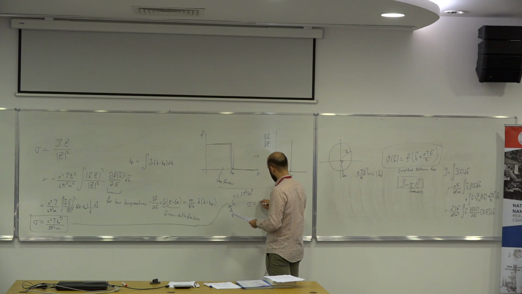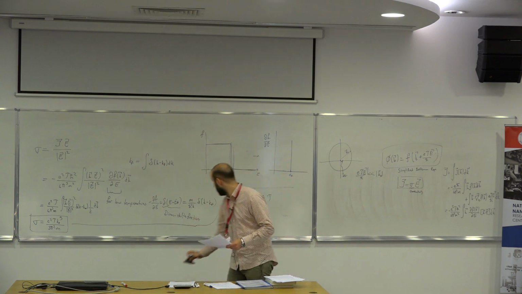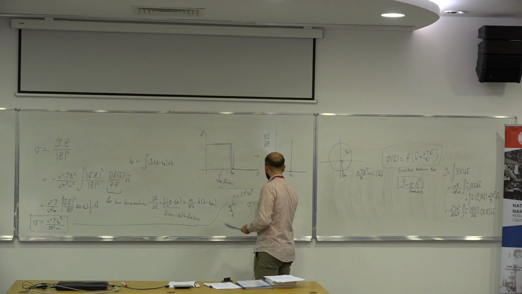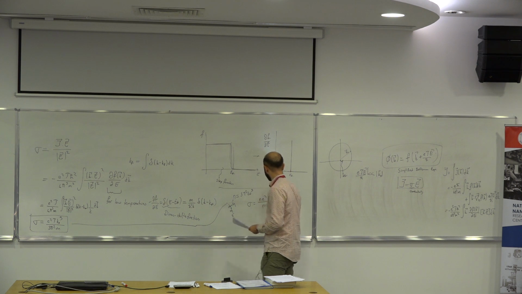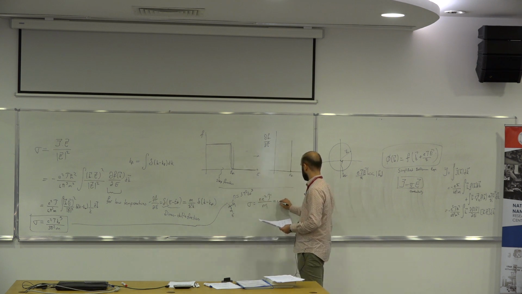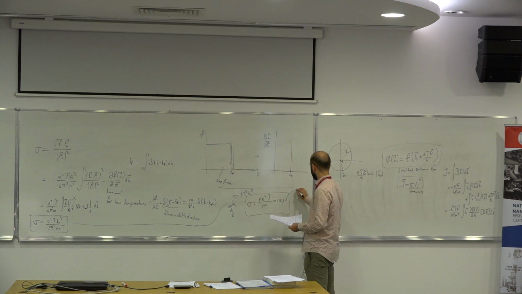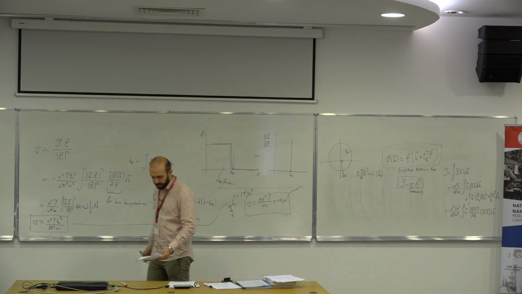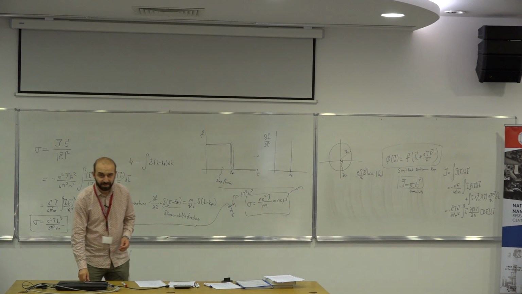Sigma equals n e squared... oops, sorry, I messed it up. n e squared tau over m, if you like, n e mu. That's mobility. And if you remember, this is the result that we derived from the Drude model.